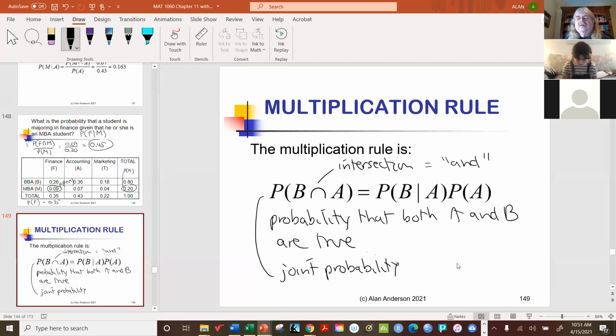And here we go. We have to multiply the conditional probability of B given A times the probability of A to come up with this result. So this is why it took so long to build up to this rule, because we needed to understand what conditional probabilities are all about.